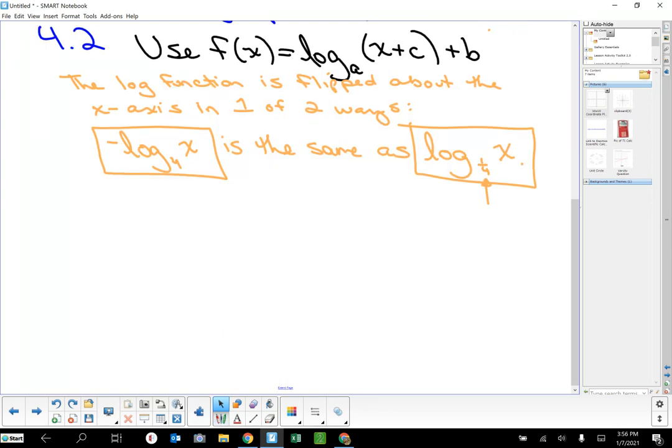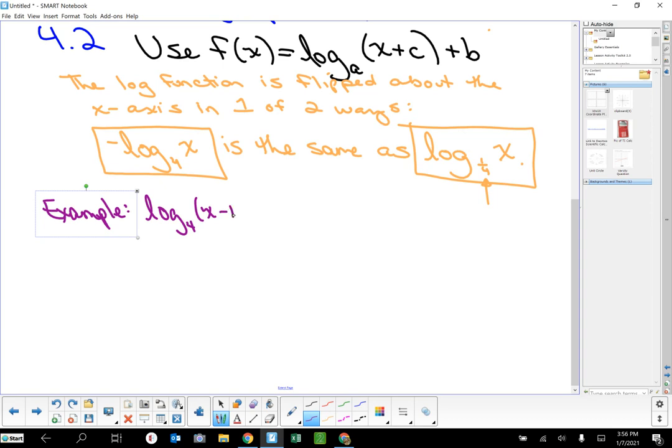So let's get a different color pen, purple. All right, log base 4 of x minus 1 shifts this 1 unit to the right.